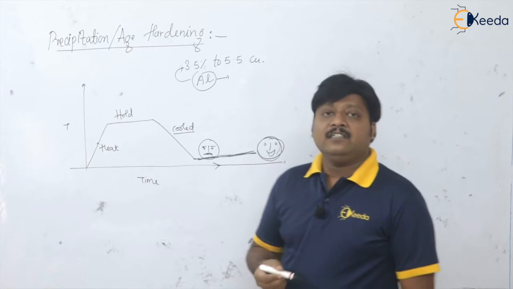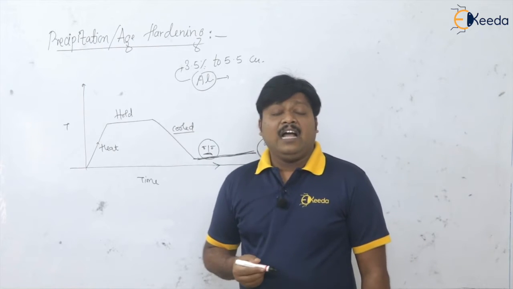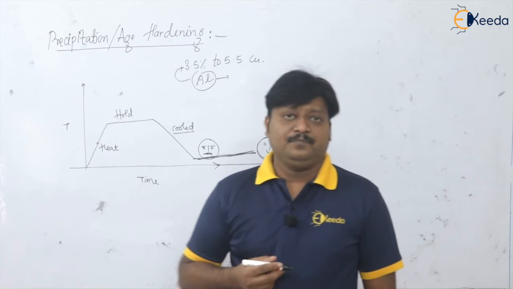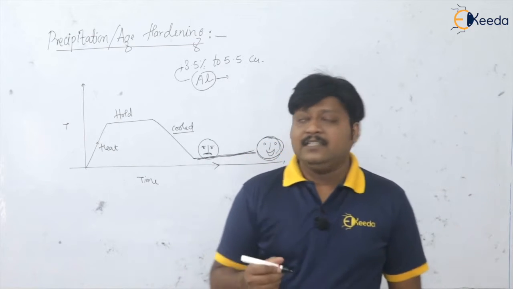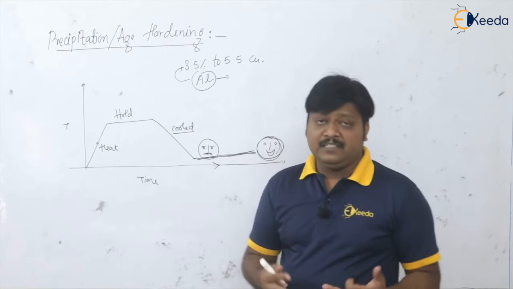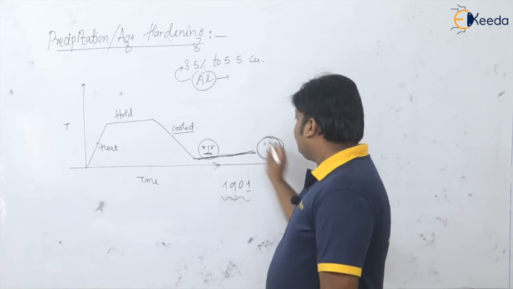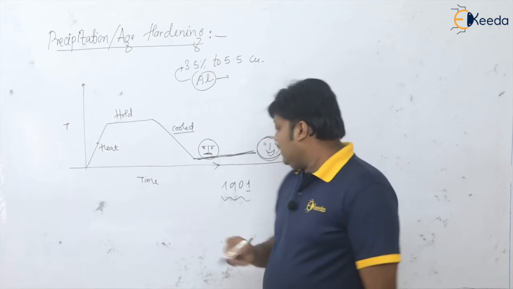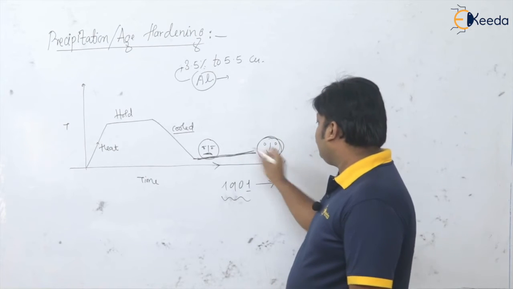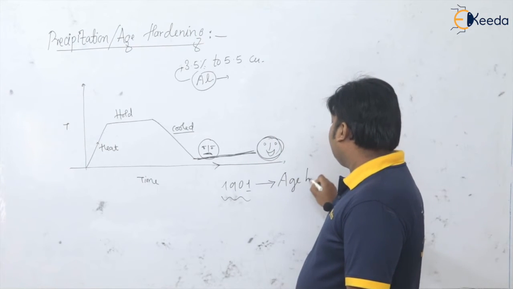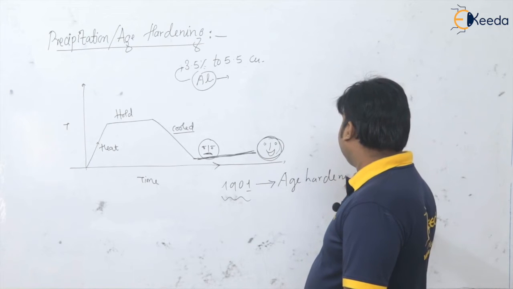Then he repeated the experiments and developed the literature for that process, on what is actually happening there. Around 1901 this process was done, and he gave the name age hardening to this process. What name did he give?